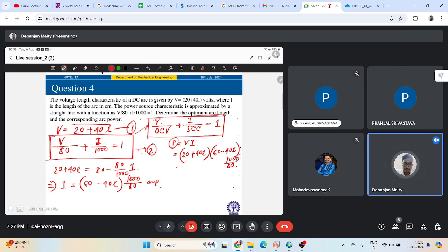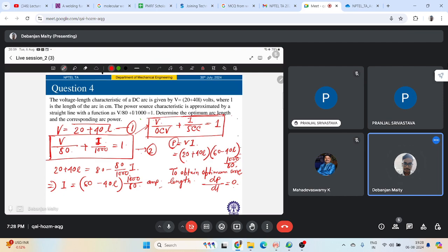Now to determine the optimum arc length, what do I need to do? I need to differentiate with L and then equate it to 0. So to obtain the optimum arc length, dP/dL should be 0.